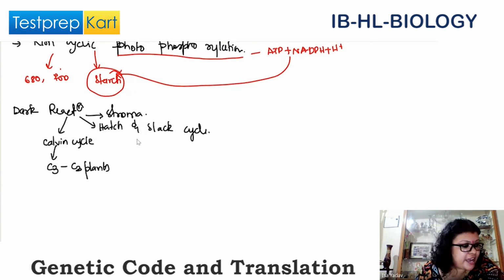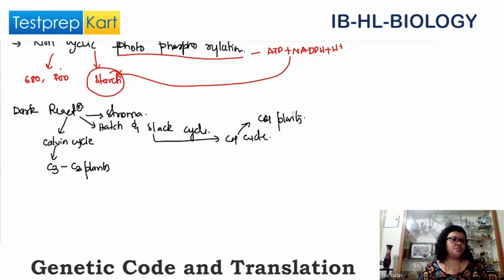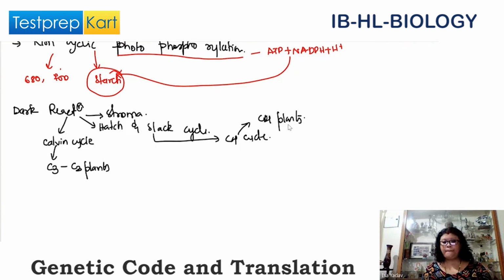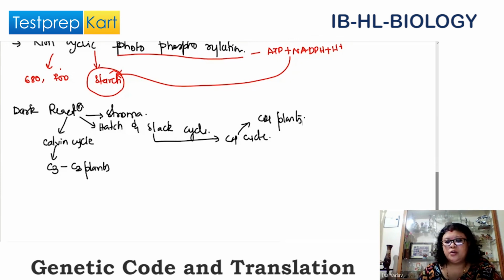Hatch and Slack cycle is called the C4 cycle, and this takes place in C4 plants. Clear? Any doubt here? No. Okay.